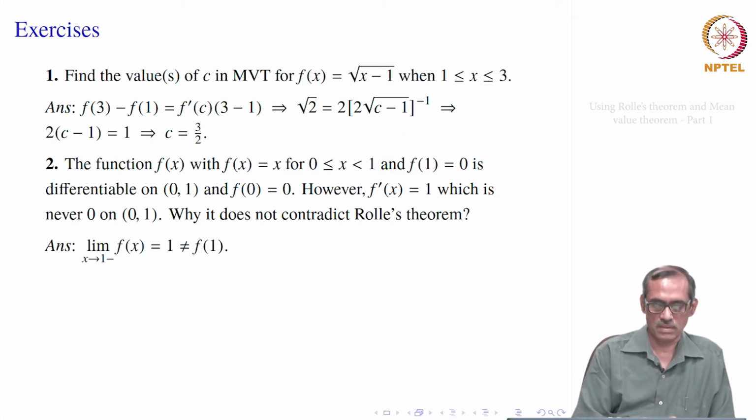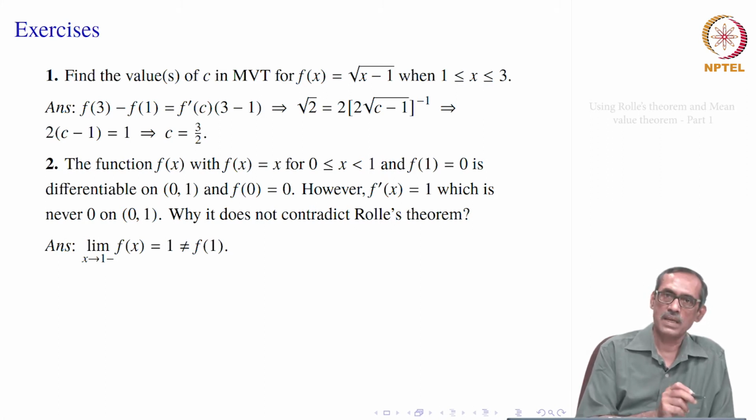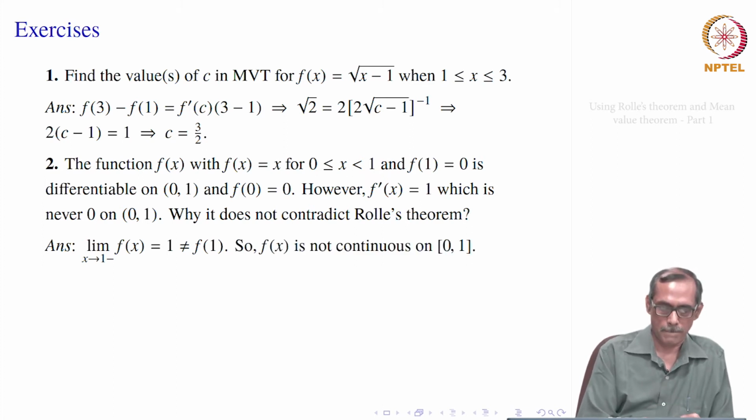So, that is the problem. It is not continuous, because when you take the limit of f of x from the left hand side you get 1, but f of 1 is given to be 0. There is a jump there. So, one of the conditions of Rolle's theorem is not satisfied, namely f should be continuous on the closed interval, which is not true here. Okay.